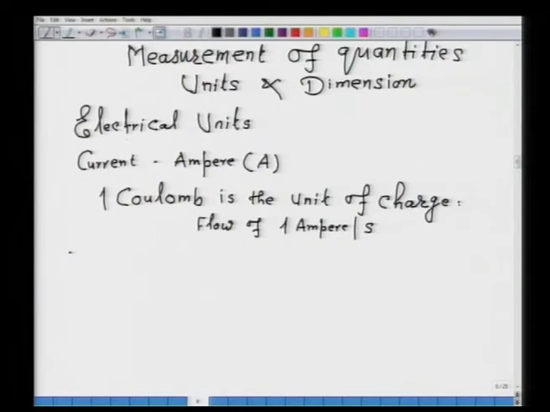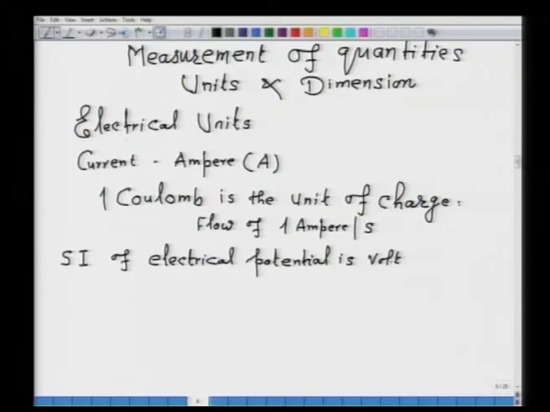Now, SI unit of electrical potential is volt.